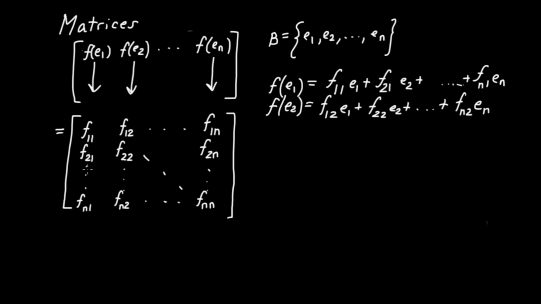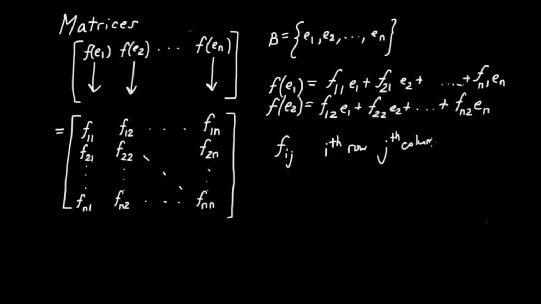F21 means in the second row and in the first column. And we may generalize this to interpret anything of the form Fij. This will be some entry in the ith row and in the jth column.